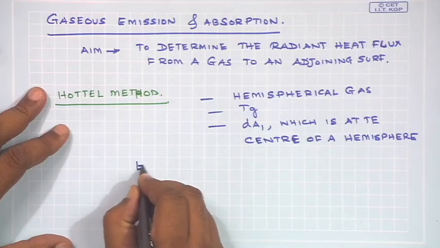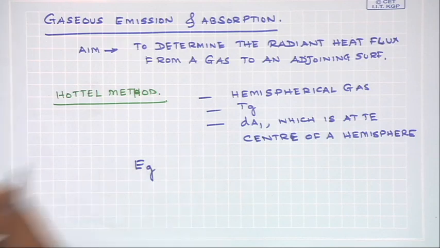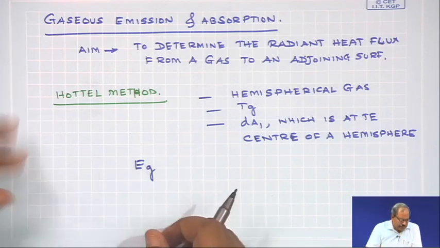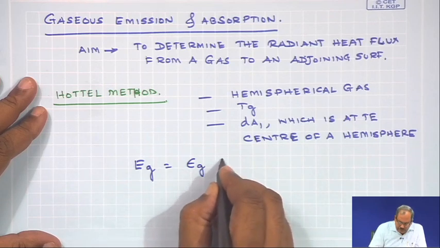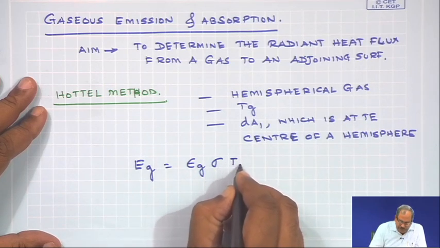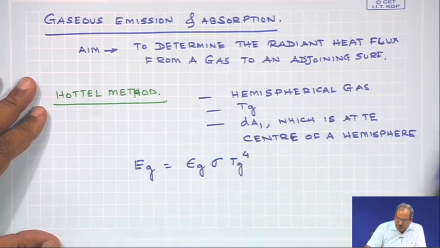So, that is what the Hottel method tells you, and the expression that he has used in order to express this irradiation on the surface is given as this E sub g, that is, the irradiation is equal to epsilon sub g sigma T of the gas to the power 4.